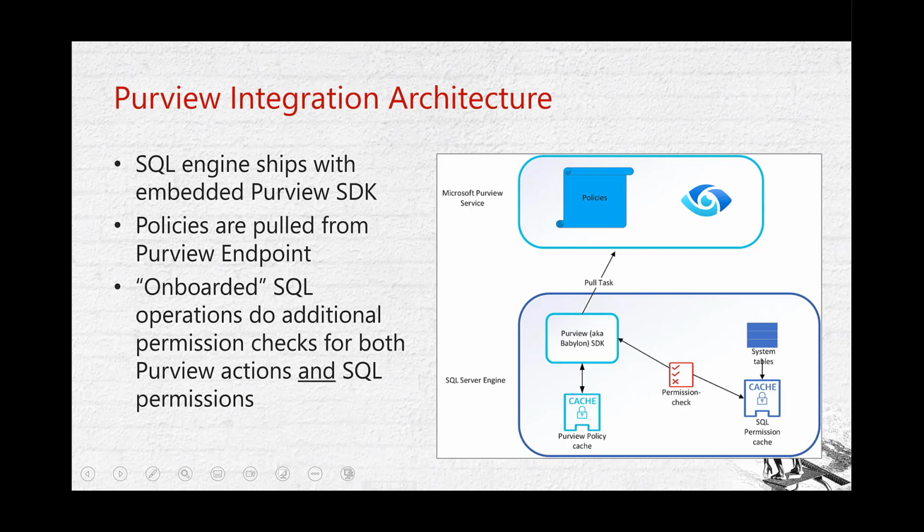That means if somebody tries to run a DMV, select star from sys.dm_os_wait_stats, anything like that, the SQL engine will do a SQL permission check as today, but it will also check in the Purview policy cache what kind of permissions you may have from external. Is there any policy that applies to this current user? Not just a SQL permission, but maybe a policy created in Purview. So those two types of permission systems come together.